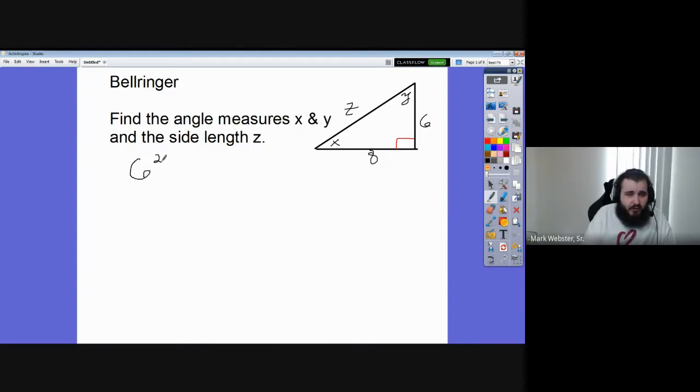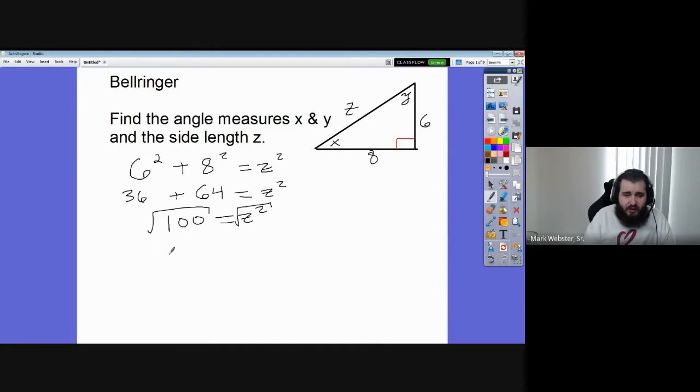You can start off, because remember, z represents the hypotenuse, so it has to go on the right-hand side like this. 6 squared is 36. 8 squared is 8 times 8 is 64. We add these two together, we get 100. And if you know your perfect squares, when I square root both sides here, the square root of 100 is 10, right?